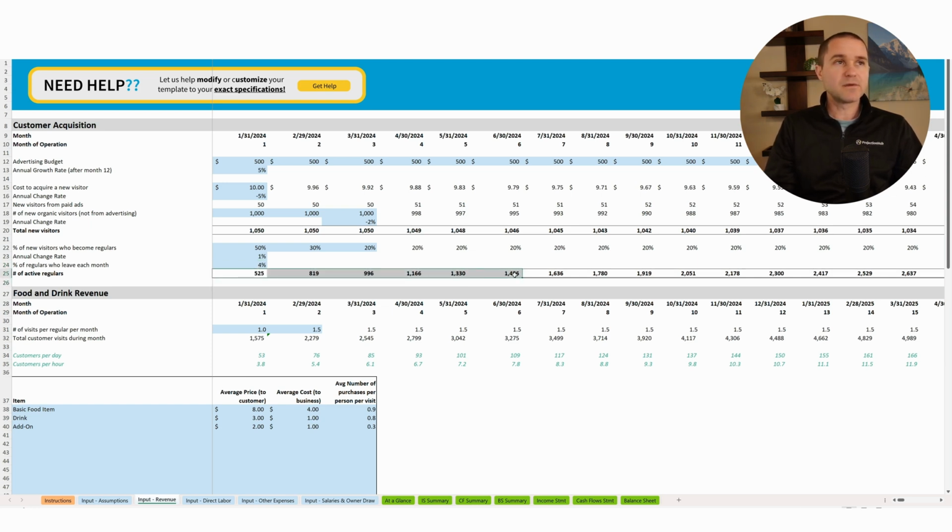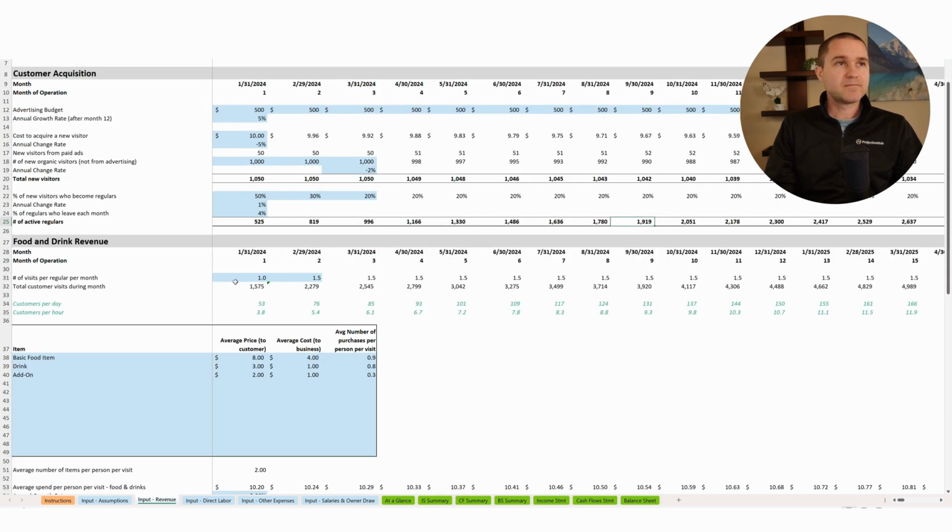Ultimately, that gives us this number of active regulars to the restaurant. That is going to then allow us to say, okay, how many visits per regular per month should we expect? So we said 1.5 times per month is how many times an active regular is going to come. That allows us to calculate the total customer visits during the month. And we can also see customers per day and customers per hour.